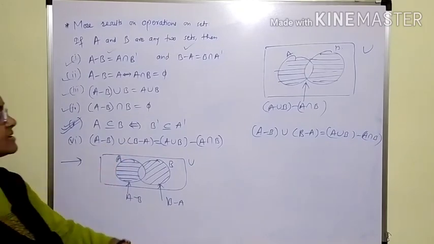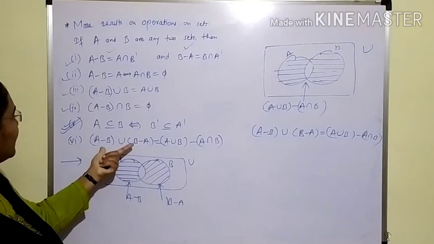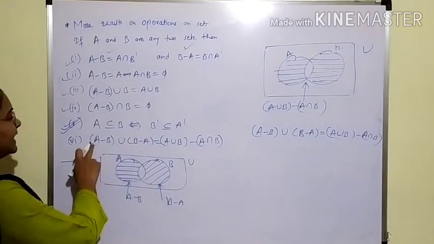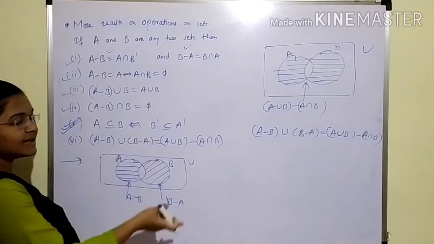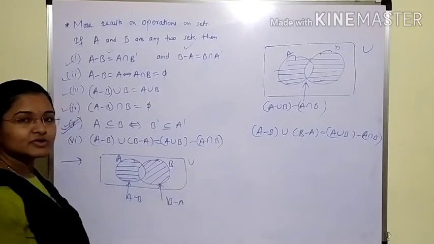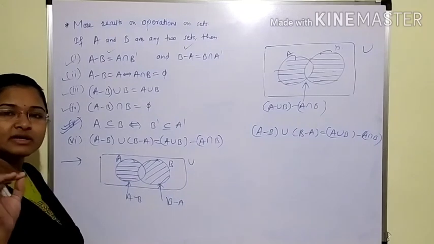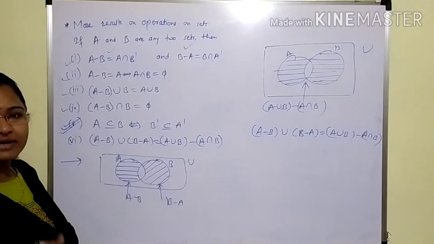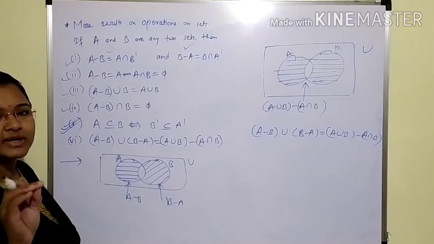So in options you can have many options for proving this. They can give A minus B intersection B minus A, and that intersection will be equal to A union B minus A intersection B. So you should solve this by using the Venn diagram. It will not take much time to draw the Venn diagram, because in rough also you can draw it.